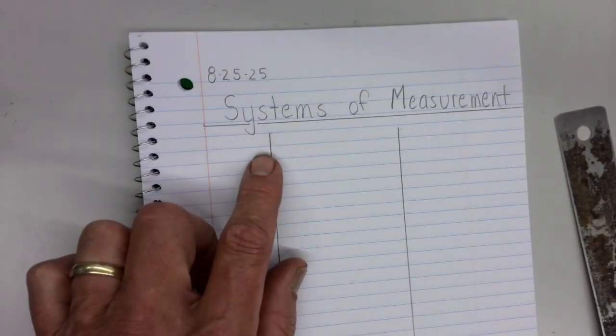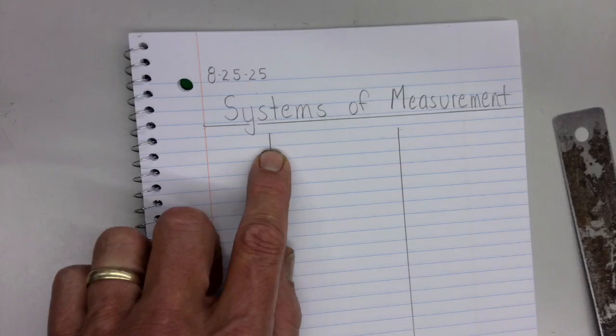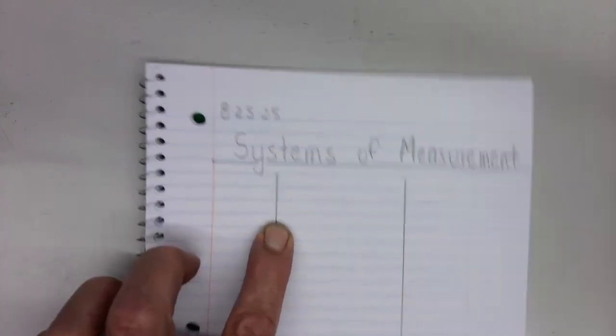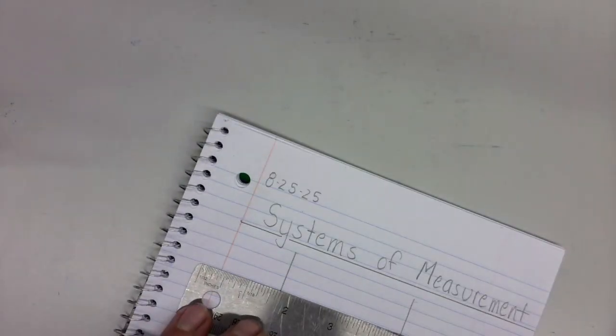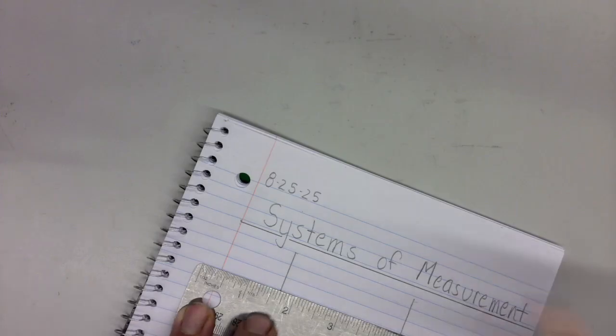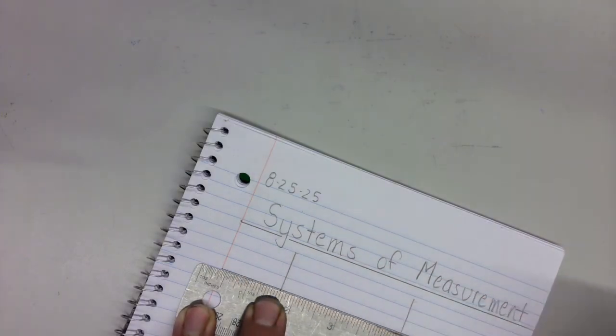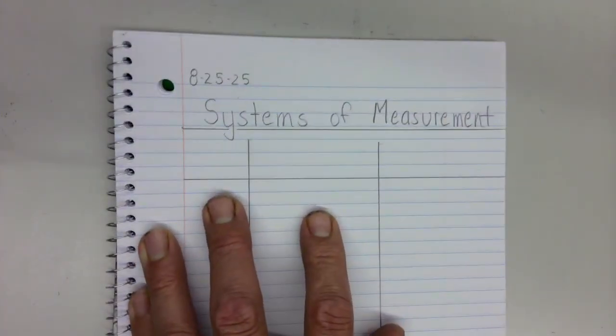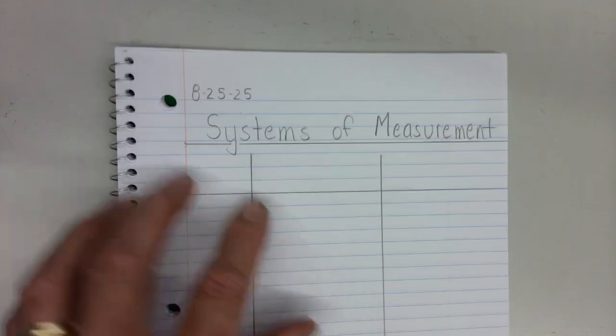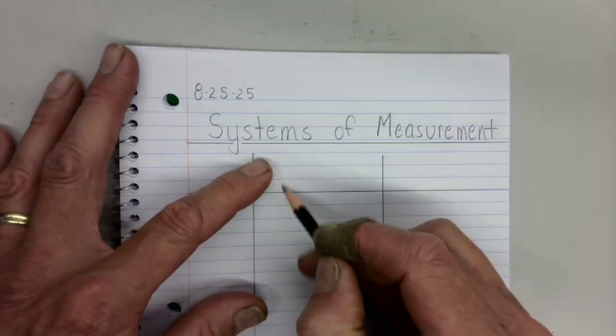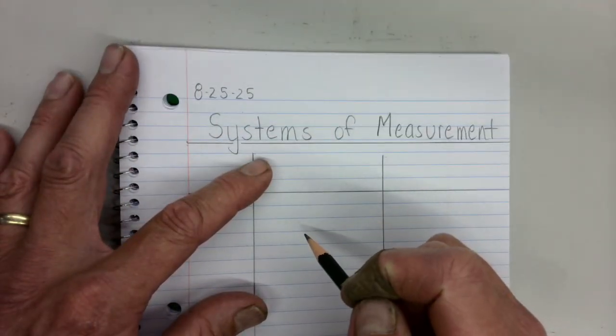Now we're going to put in a horizontal line. We're going to count 1, 2, 3 down. And then we're going to draw our line over, starting from the margin all the way across the page. There are 3 different ways we call the system that we use.